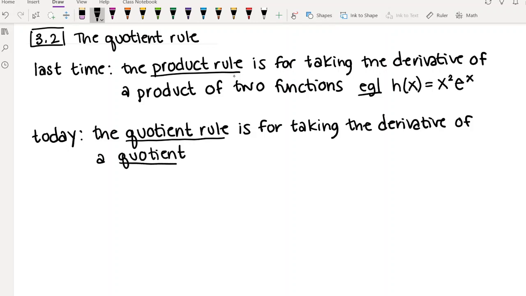Quotient means division of two functions. An example would be, instead of x squared times e to the x, a function that was x squared divided by e to the x.